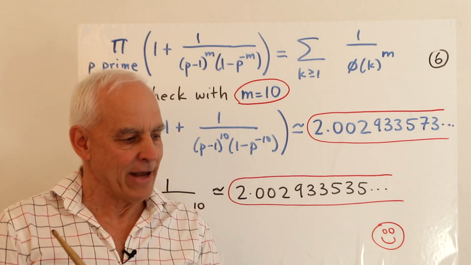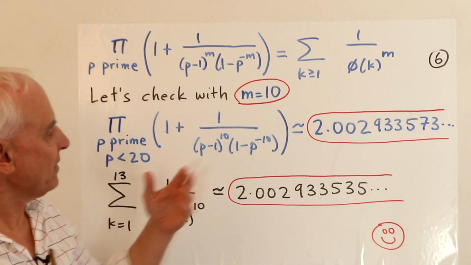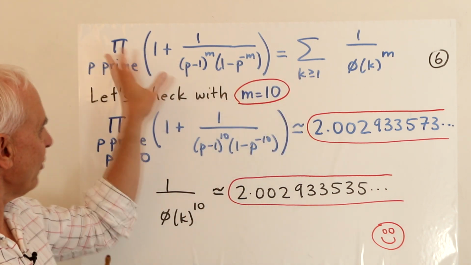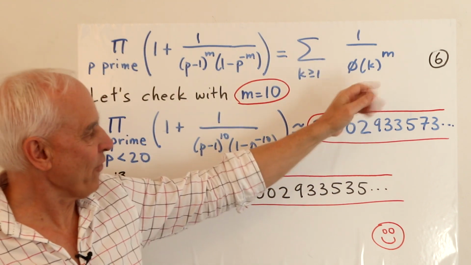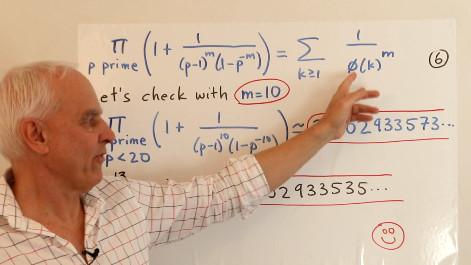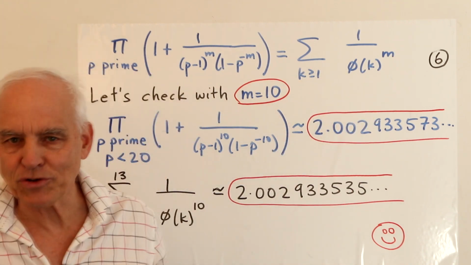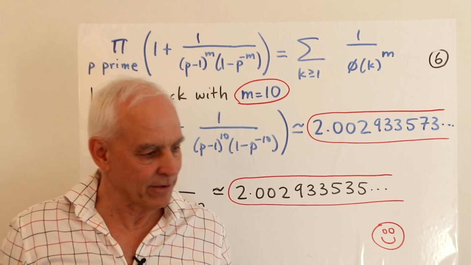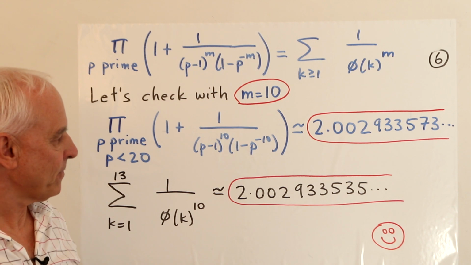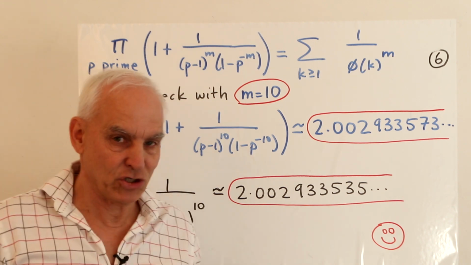And there's something magical about it, because on the face of it, these things are very different. Here is some product over primes, and here is some sum over natural numbers, and we're taking this funny phi, the Euler totient function, to some power. It's interesting. Now, has this been studied? Well, I don't know, actually. I haven't checked.